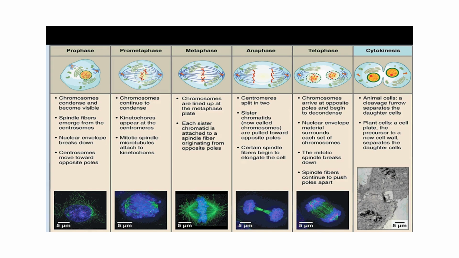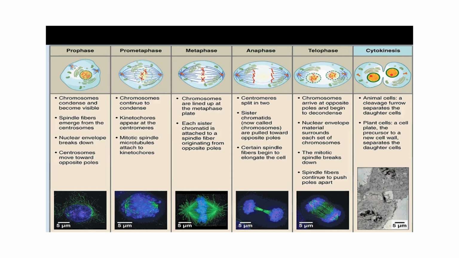This is one sister chromatid you can see, and in between, this centromere is present. What is kinetochore? This is a disc-shaped protein by which the centromere can attach, and on the other side of the kinetochore, the spindle fiber can attach.